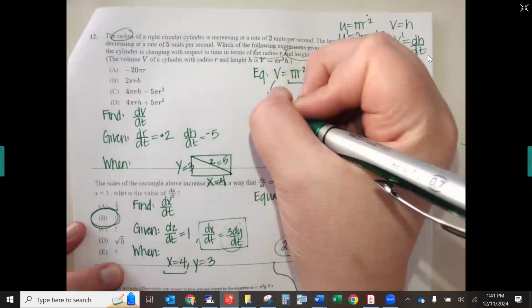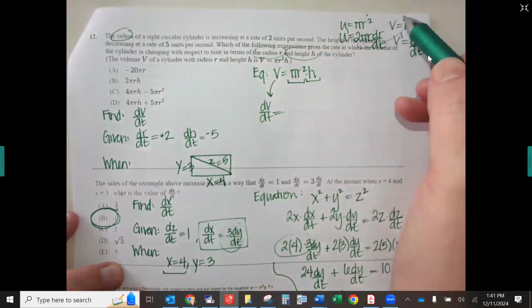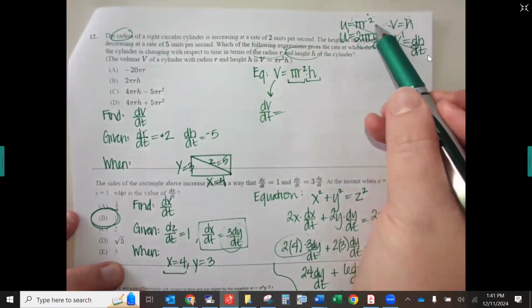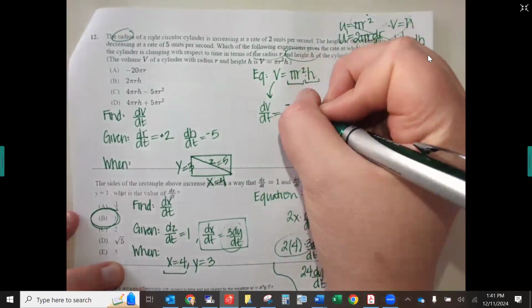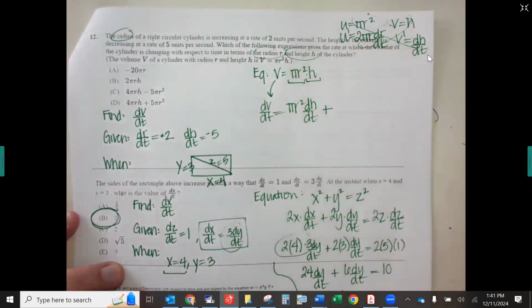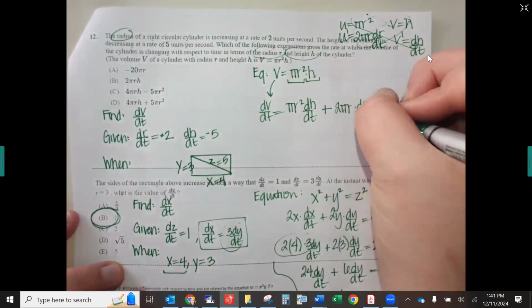So the derivative of v is dV/dt. And then remember, it's this plus that. The order that you put them in doesn't matter. I'm just going to put the easier looking one first. So pi r squared dh/dt plus 2 pi r dr/dt times h.